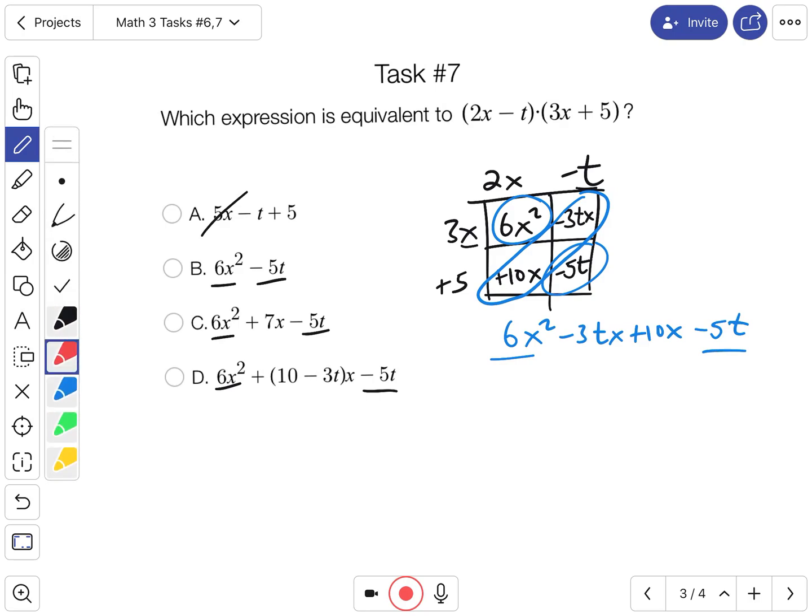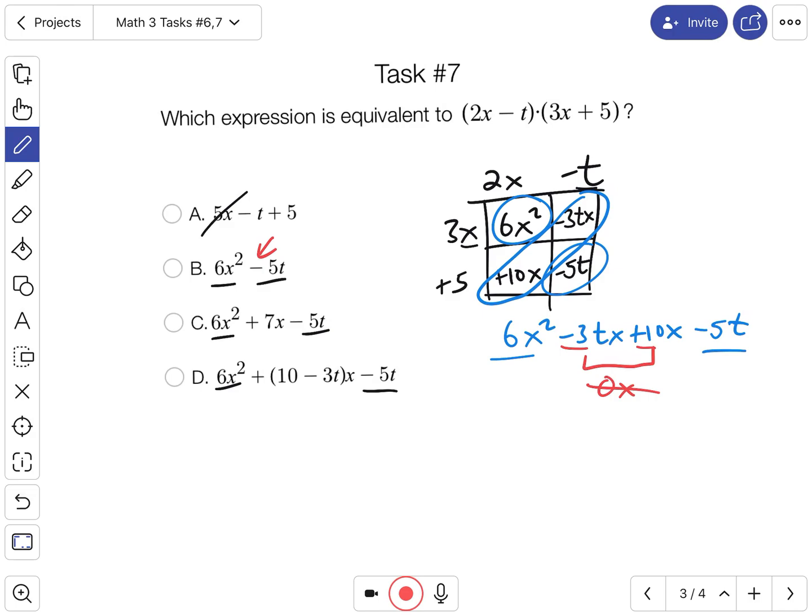Notice this one here, there's no term in the middle. And the only way that would happen is if these cancel out and get you 0, or 0x or 0xt or whatever. But this negative 3 and 10 will not give you 0. So that won't cancel out. These two terms will stay there. So this can't be the right answer.